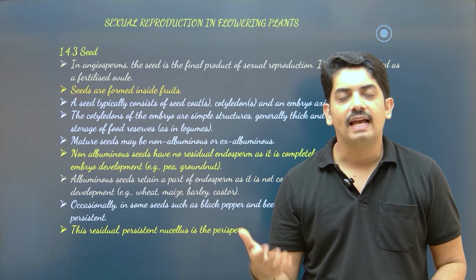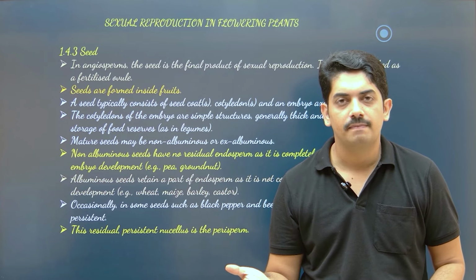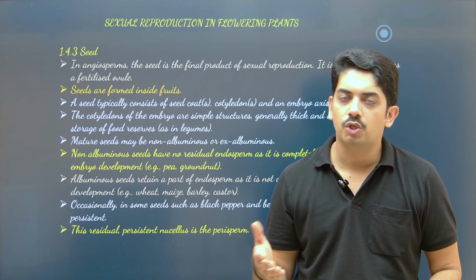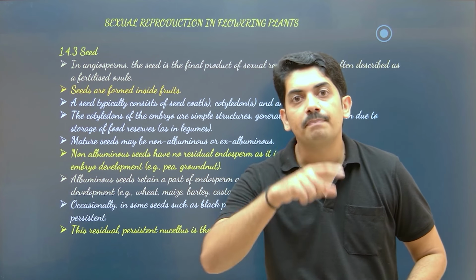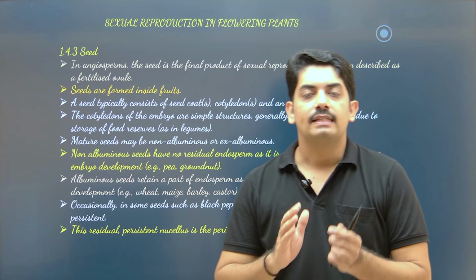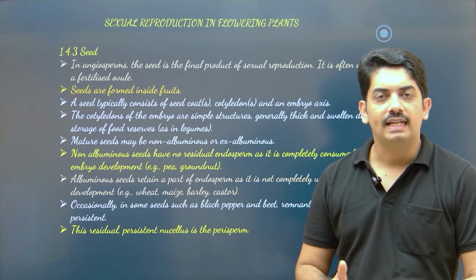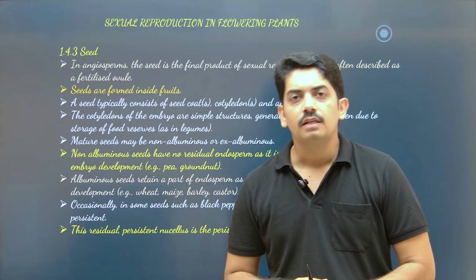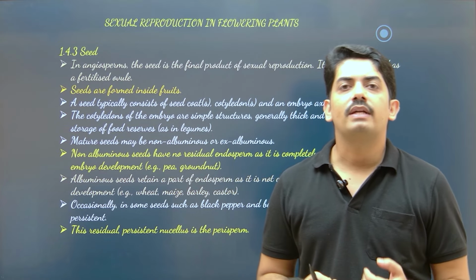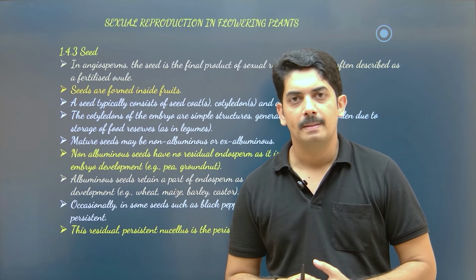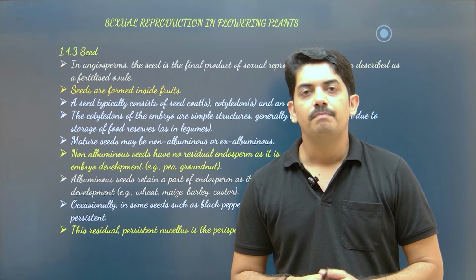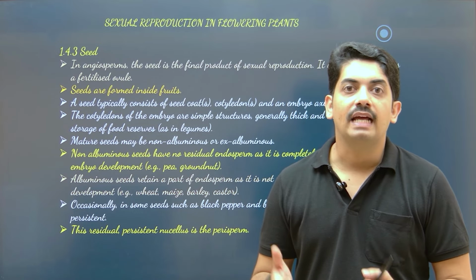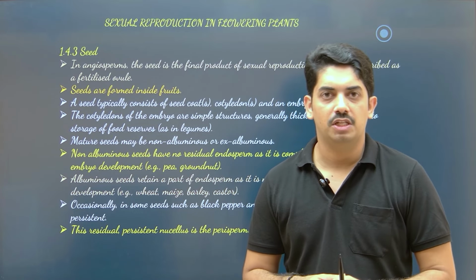The embryo sac has the egg apparatus. The egg after fertilization develops into the embryo. Now what happens to the ovule? That same ovule after fertilization develops into the seed. Okay. Now what is the importance of seeds in plants? Because the production of seeds makes sure that the plant can produce the next generation.